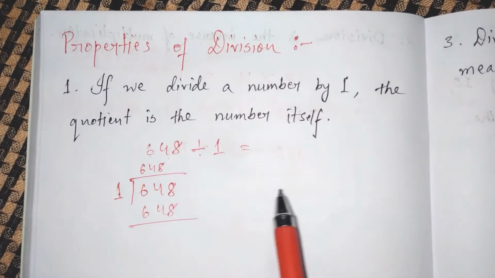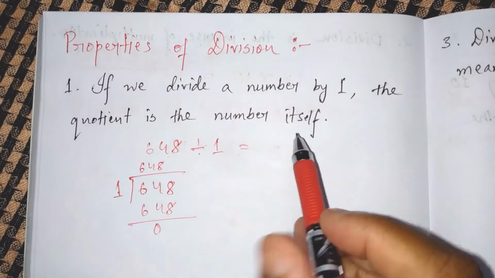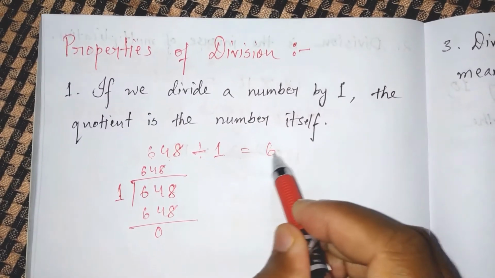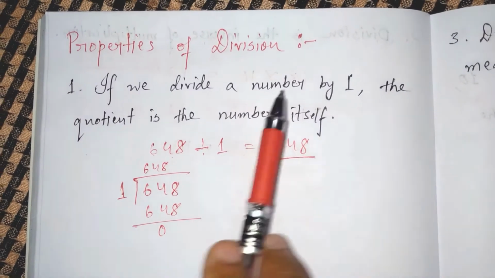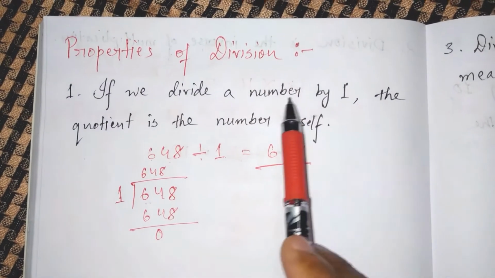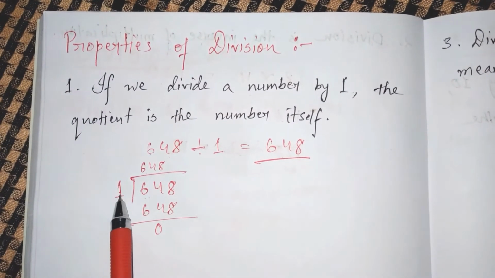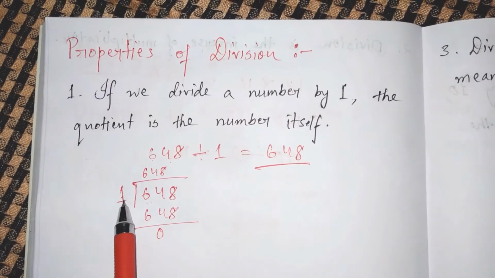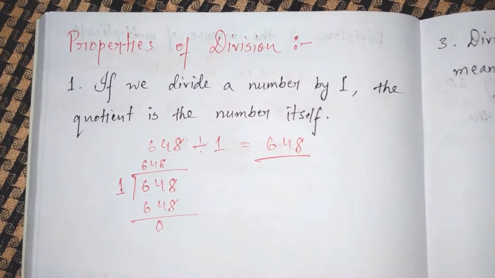This way I will get 0 as remainder, so the quotient will be 648. This proves that if you divide any number, here I have taken 648, by 1, then the quotient is the number itself. So this is the first property.